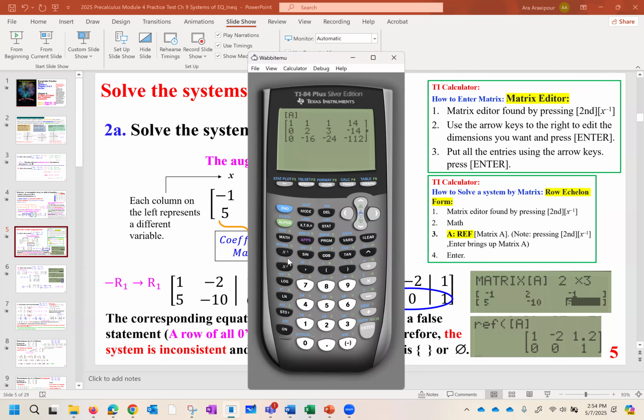However, with second, x to the power -1, if I go to edit, everybody, the very first thing I should do is put in the size. For us, the matrix that we have here is 2 by 3.